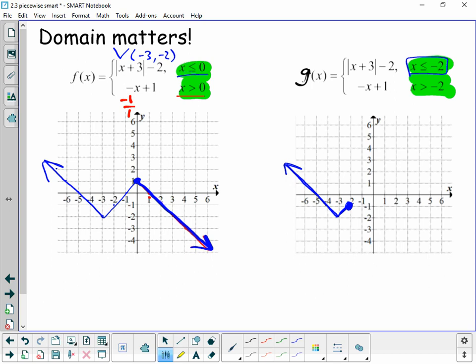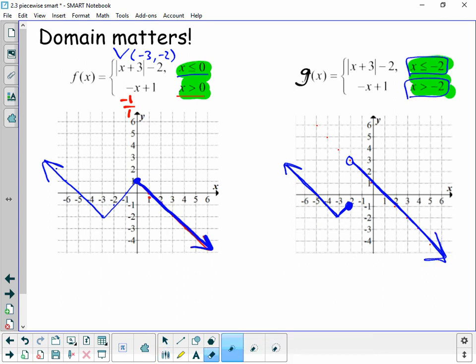It has a y-intercept of 1 and a slope of -1. But this time the domain restriction is that we want to keep everything greater than -2, so we would put an open circle here and keep this portion. Everything else up here we want to erase. So they definitely have some similarities.